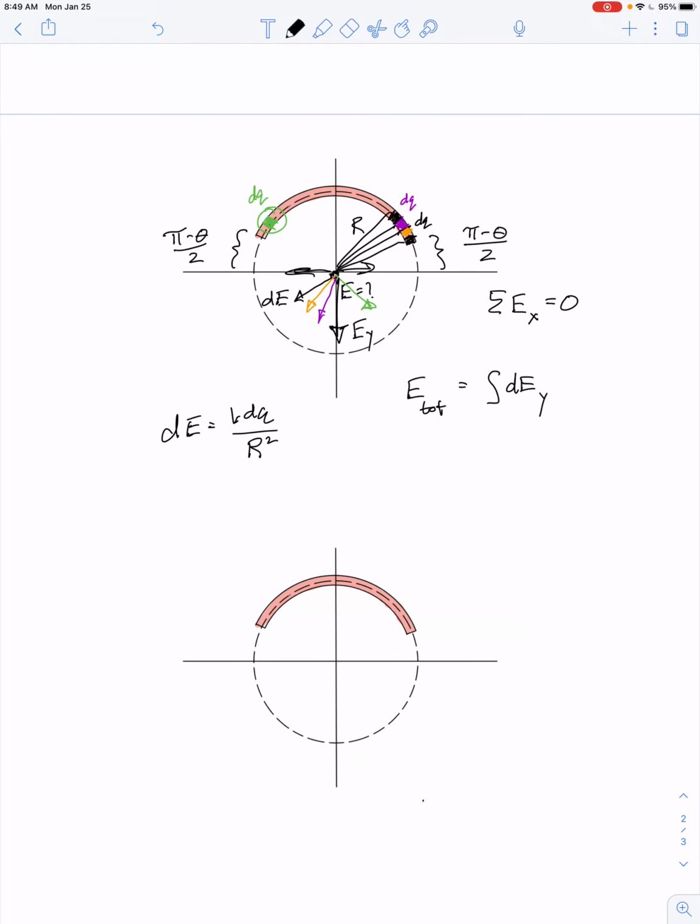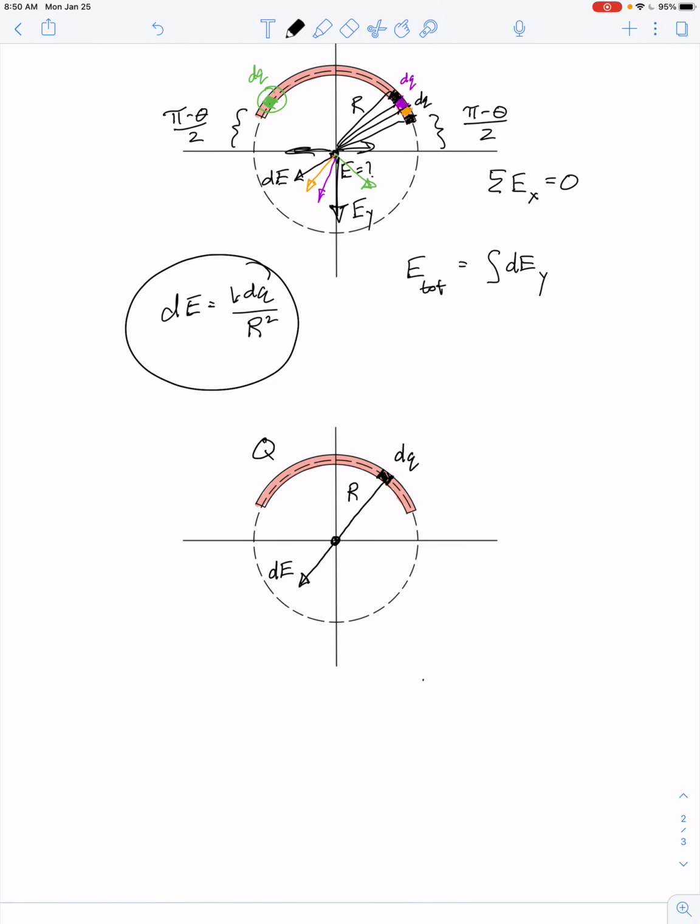Okay, so let's just make sure we know what we're talking about here as far as the direction of these vectors are concerned. At random, we pick one of these elements of charge dq that represents a fraction of the total charge capital Q. It sits at a distance of capital R, and it contributes in part to the overall electric field, some amount dE.